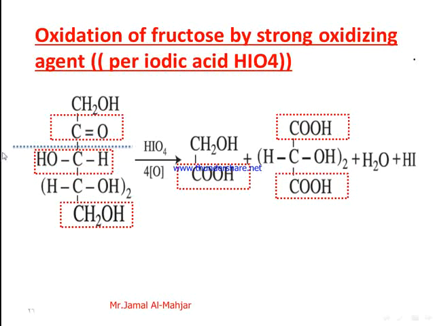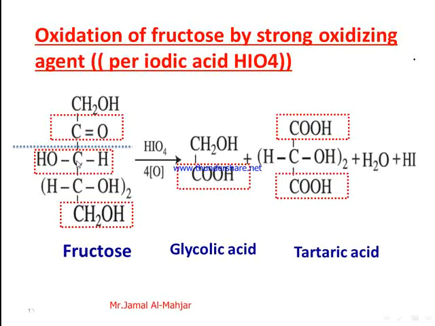You have to break the bond between carbon 2 and carbon 3, then change the C double bond O and CHOH, and the CH2OH, to COOH. So again, break the bond between carbon 2 and carbon 3.